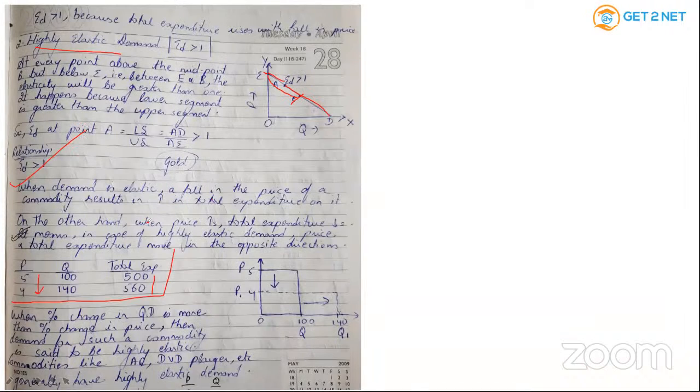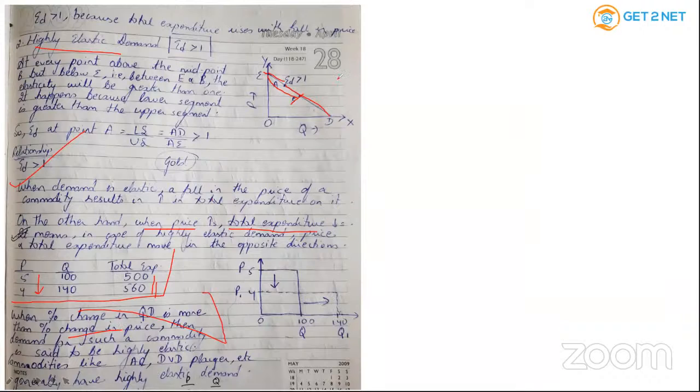On the other hand, when price increases, total expenditure decreases. Vice versa. Now if it will be 5, 6, so what will happen? Total expenditure will also go down. So it's another condition. So when we check degree of elasticity, when percentage change in quantity demanded is more than the percentage change in price, in that case a commodity is said to be highly elastic.